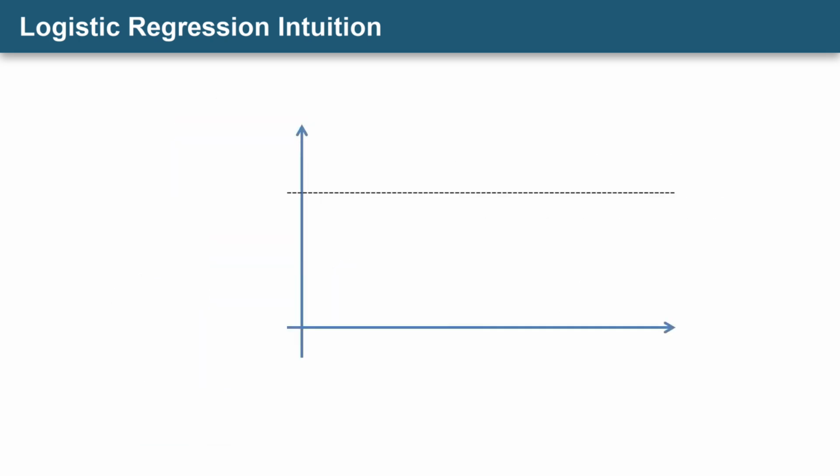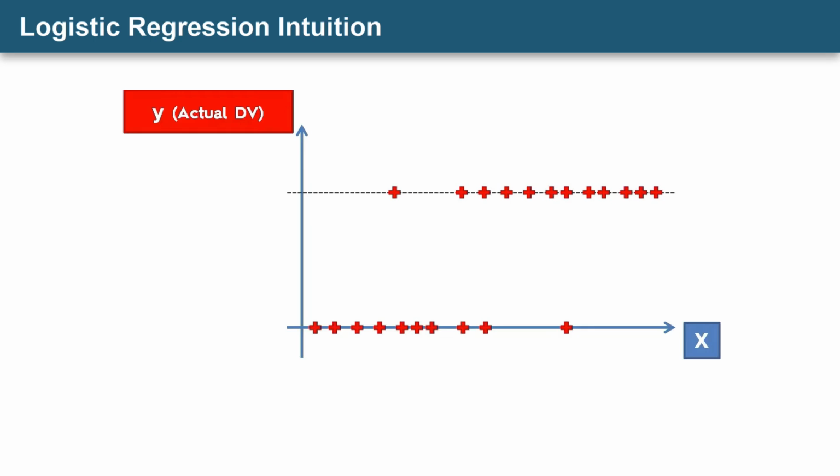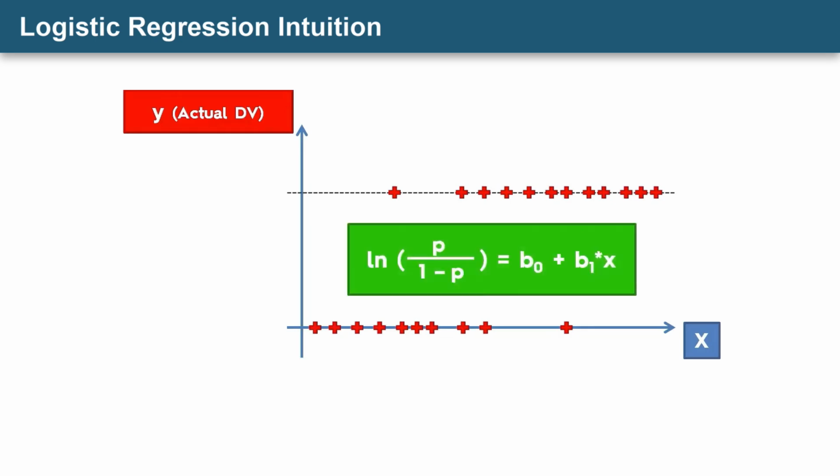So there's our graph. There's our independent variable. There's our outcome, yes or no, so that's the y, the dependent variable. And there are our observations in our data set. Based on these observations, and using this formula, which we are going to take as given, the logistic regression formula, we come up with this line.